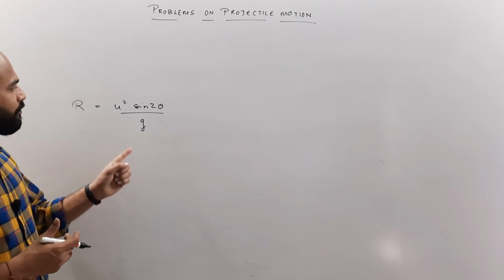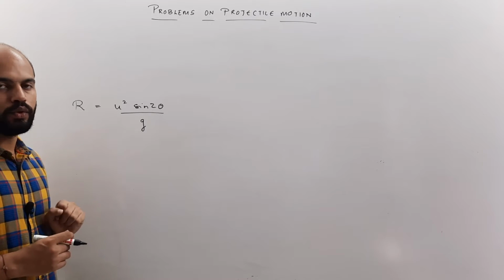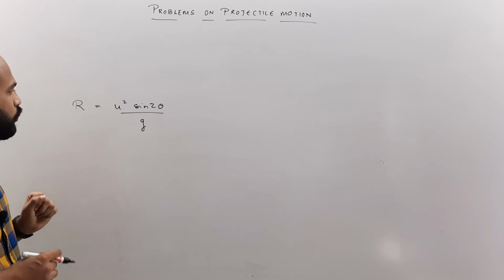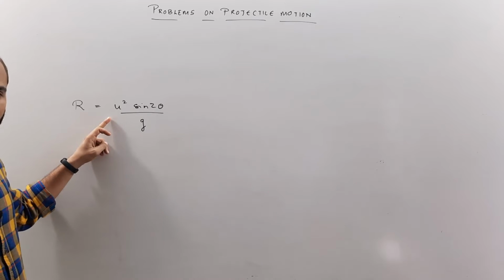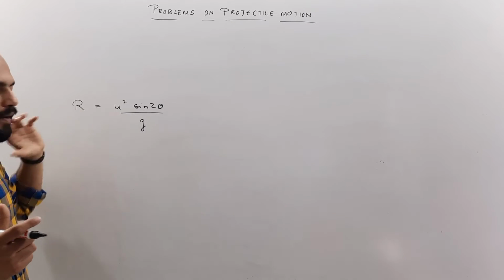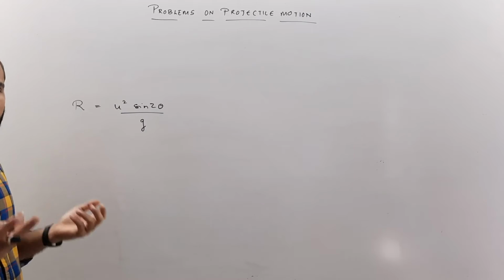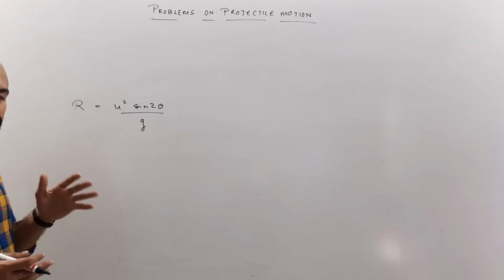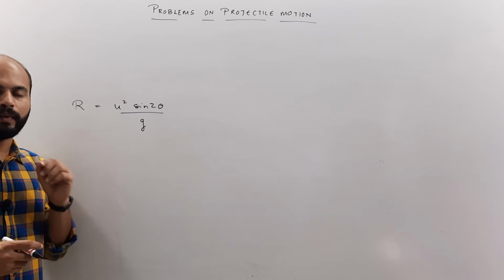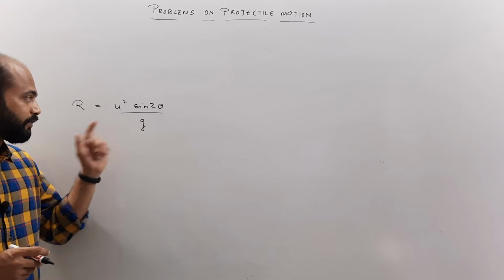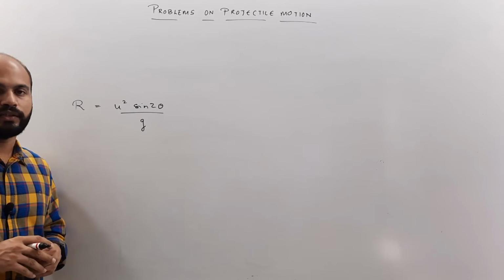Now I want to have maximum range. So the only deciding factor over here, if I consider some velocity and if I consider some gravity, both of these quantities, parameters, are going to remain fixed. However, sine 2 theta will change.